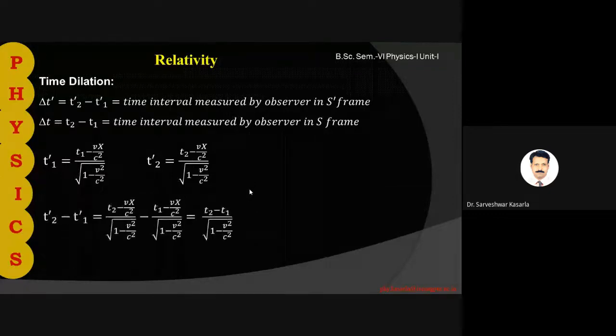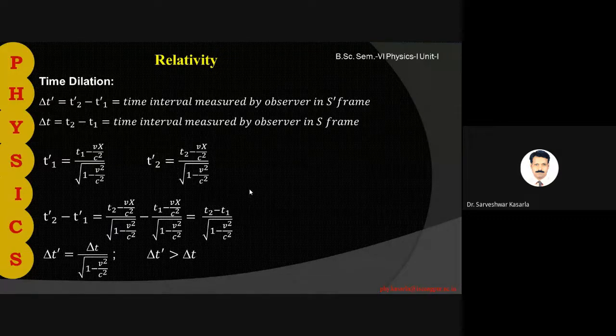So subtract equation 1 from 2, and you will get t2 dash minus t1 dash equal to t2 minus t1 upon under root of 1 minus v square by c square. So here you will get delta t dash is equal to delta t upon under root of 1 minus v square by c square.